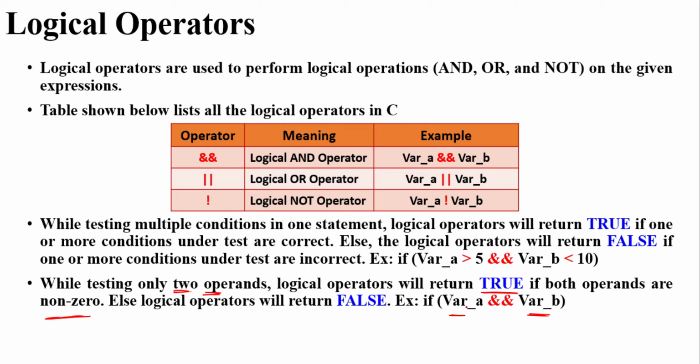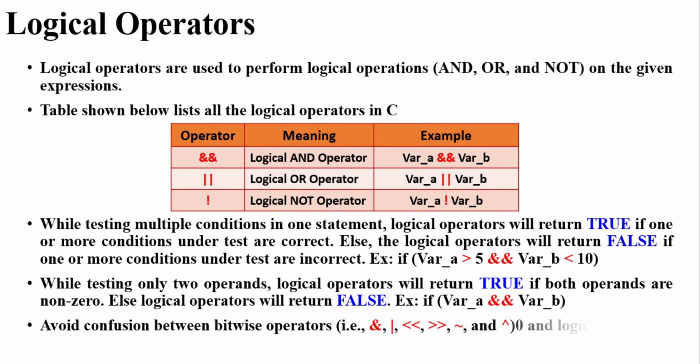Whereas if any of these two are 0, then this condition will become false. Let us keep one more thing in our mind, that most of the time we can get confused between bitwise operators, which we will cover in future.